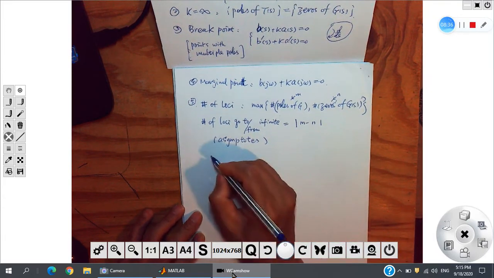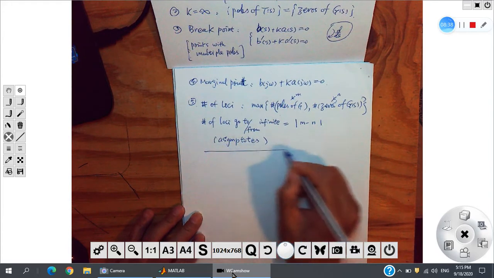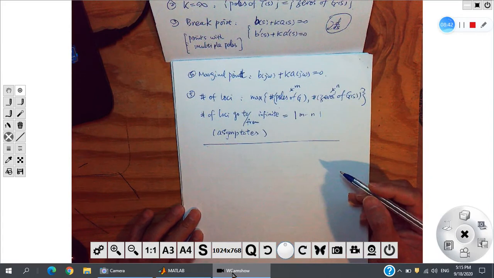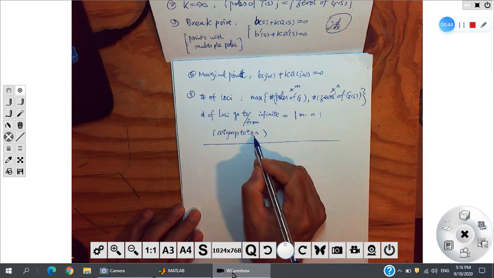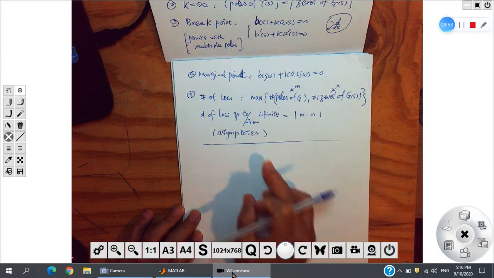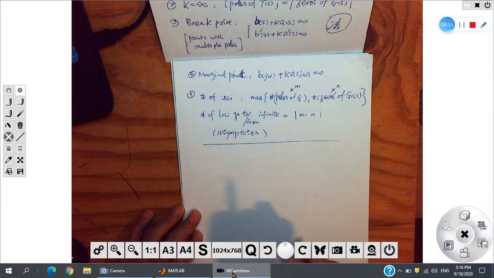For asymptotes we have two properties basically. One is that all the asymptotes can be considered to start from a center point, and the second is that all the asymptotes separate the whole space into several pieces.